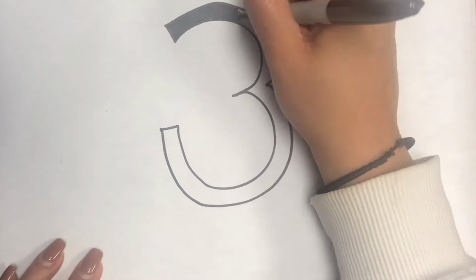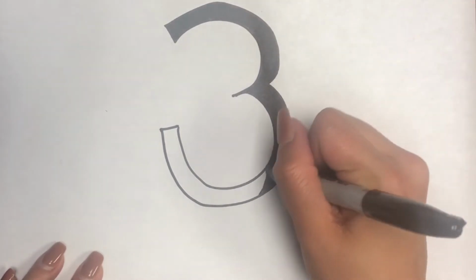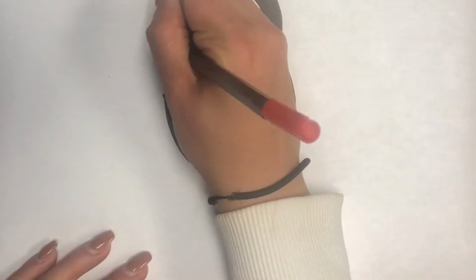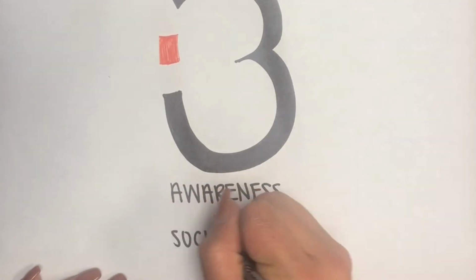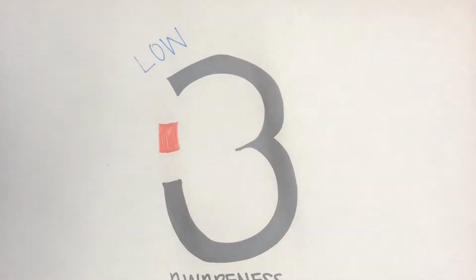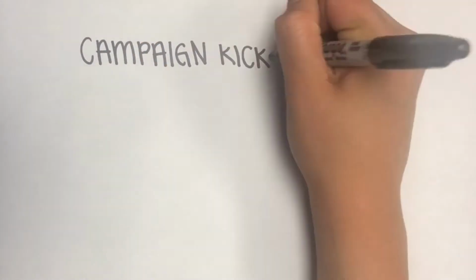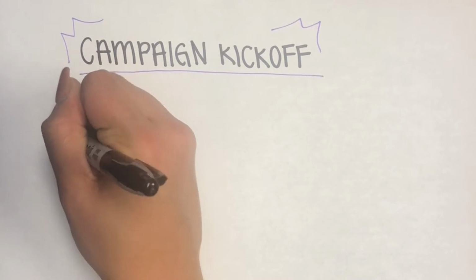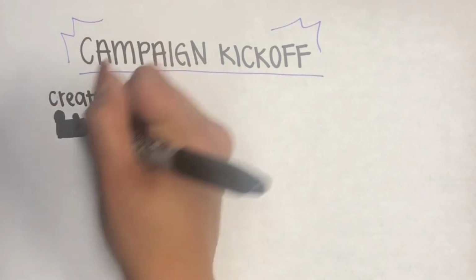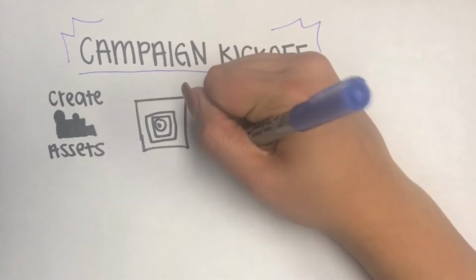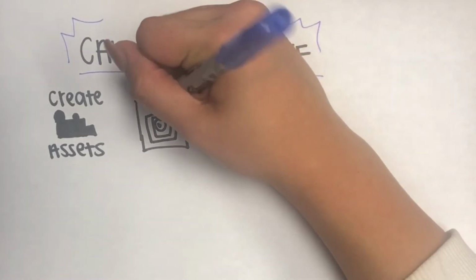The campaign Show Us Your Point 3 Shot was designed to engage tournament participants, increase awareness, and increase Point 3's social media following from low to medium to high. The campaign will also create social media assets that Point 3's target audience can relate to.